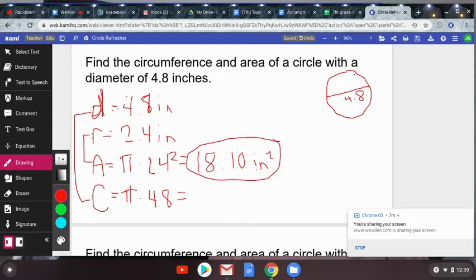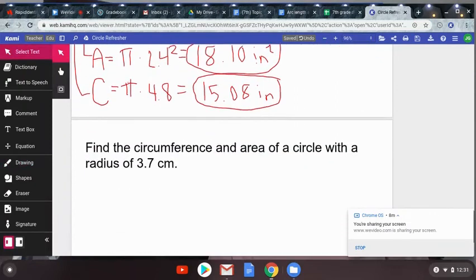The circumference is going to be pi times 4.8. 15.079, so that's going to round to 15.08 inches. Now notice that my area I labeled inches squared and my circumference I labeled inches.